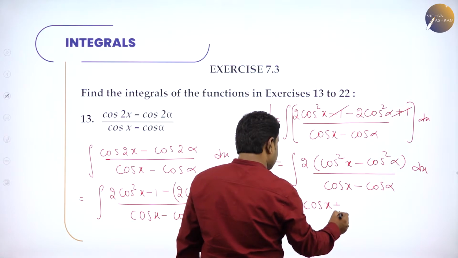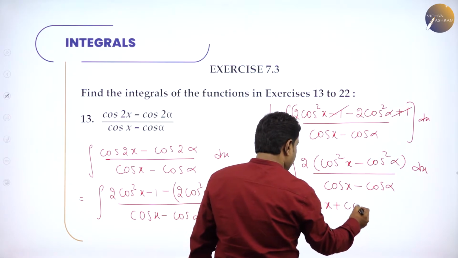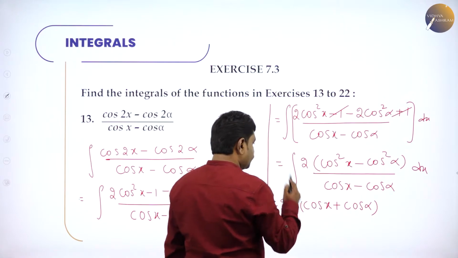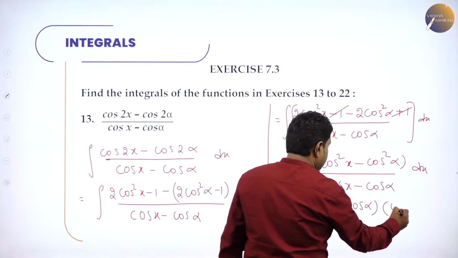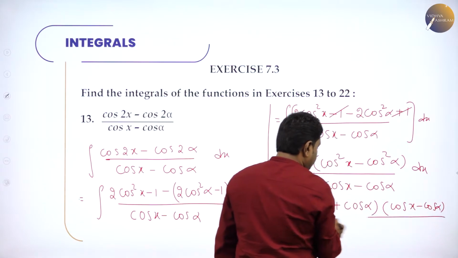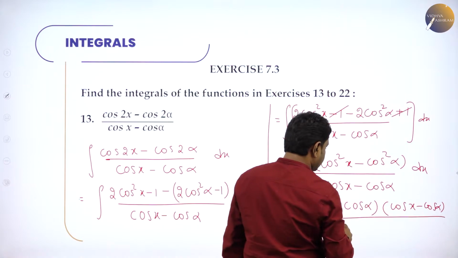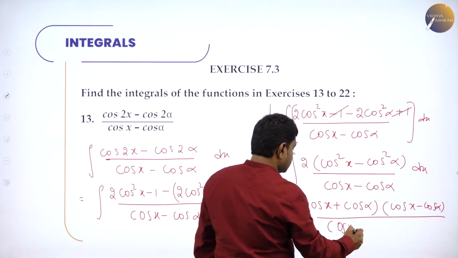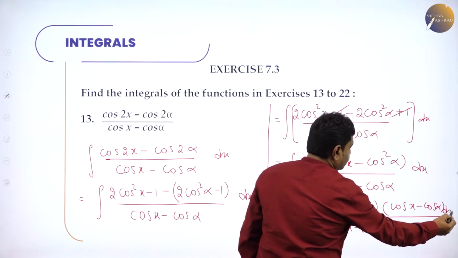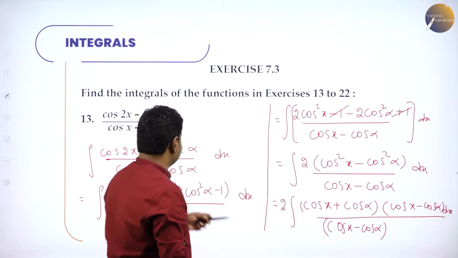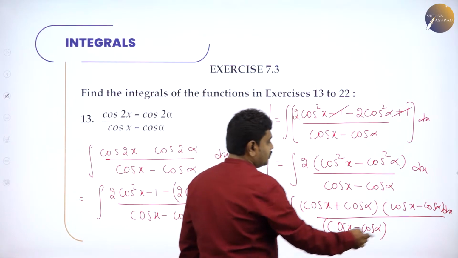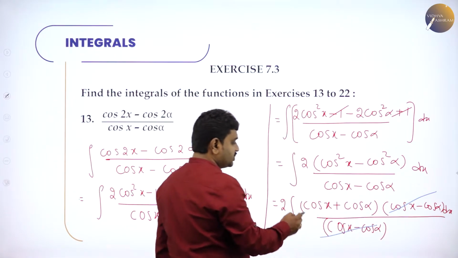I can write it as cos x plus cos alpha into cos x minus cos alpha, and 2 I'll take outside, divided by cos x minus cos alpha into dx. So observe the terms and cancel. Now I can cancel cos x minus cos alpha and cos x minus cos alpha.